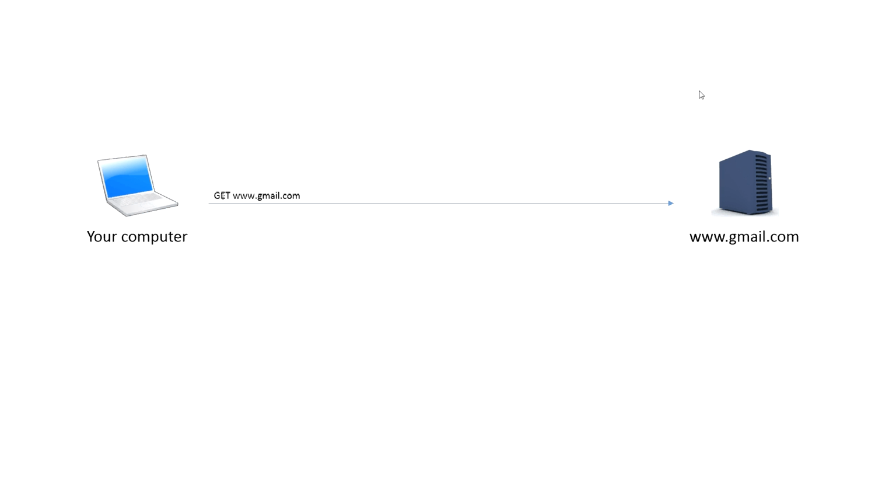What that basically does is tell the gmail.com server, there's probably a farm of servers behind Gmail, but this is just an example, so don't hold me to it that this is exactly how Gmail works. This is not how Gmail works. This is a very crude example. So yeah, it says, hey, get me gmail.com, and gmail.com goes ahead and says, oh, okay, I've got some data for you, and it's in HTML, and it sends back HTML.